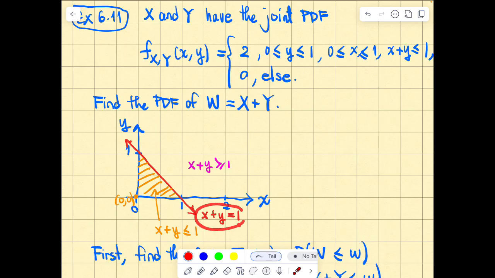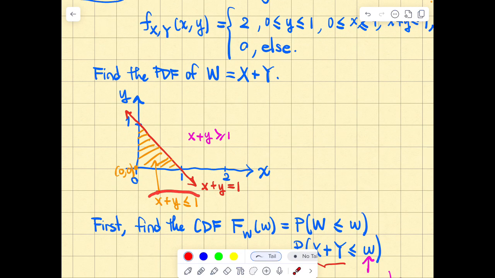Now, if you plot x plus y equal to 1, you get this straight line, where the slope is negative 1, right? How do I get this plot? Very simple. Maybe you try x equal to 0, then you see that y must equal 1. So you get this point. You try y equal to 0, then x must equal 1 to get this point. And you know it's a straight line, so 2 points are enough. You use your ruler to connect these two points.